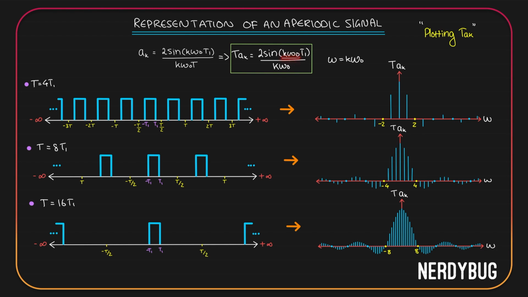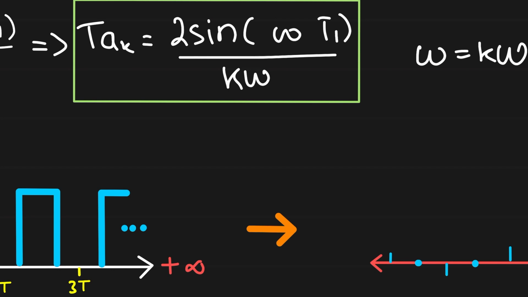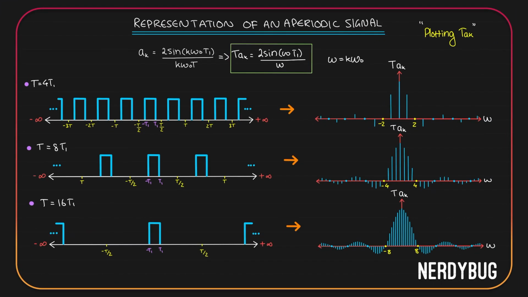Since we have taken k omega naught as omega, let us replace it in the equation. Now T a_k is 2 sine omega T1 divided by omega. T a_k is a function of omega. That is why we are plotting T a_k with respect to omega on the x-axis.